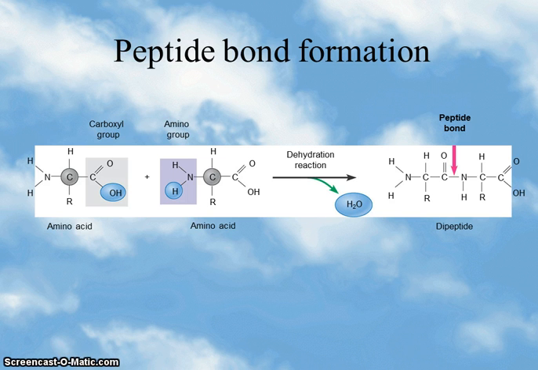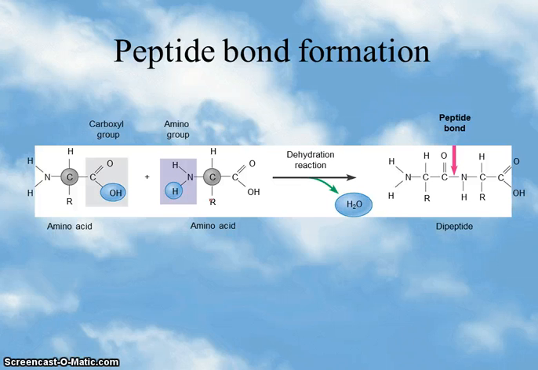So let's look at how this process of bonding amino acids together to make proteins occurs. And it should be familiar because it's the same general process that we saw when we took monosaccharides and built them up to make polysaccharides, and when we took fatty acids and glycerol and built them up to make lipids. So we've got an amino acid here, and it's just a general amino acid, so we'll put an R group. We've got a second amino acid here, and we've got this general R group.